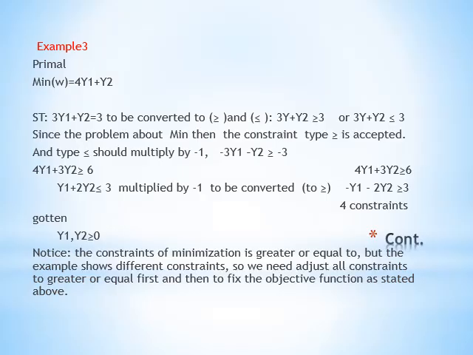The constraints are 3y1 plus y2 equal 3. 4y1 plus 3y2 more or equal 6. y1 plus 2y2 less or equal 3.